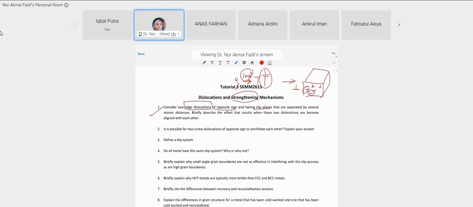Inside the edge dislocation, the characteristic is having facing up and facing down extra planes on the slip planes. And then if we induce some energy, we can have this phenomenon, when the opposite directions of the slip align with each other. So any questions for question number 1?